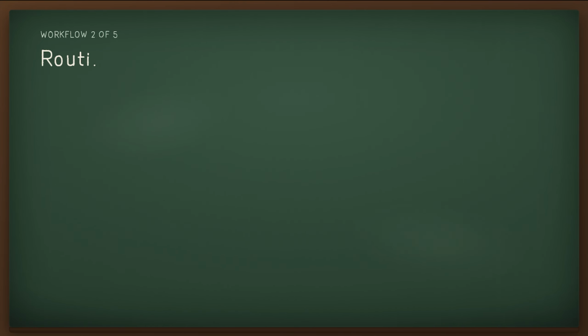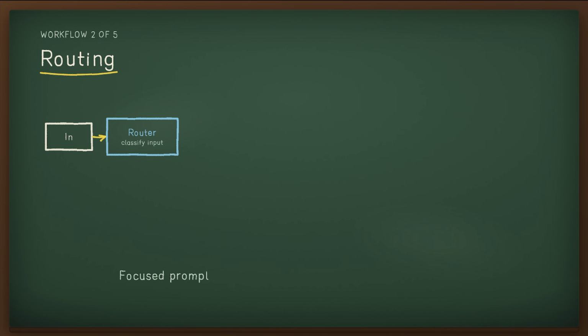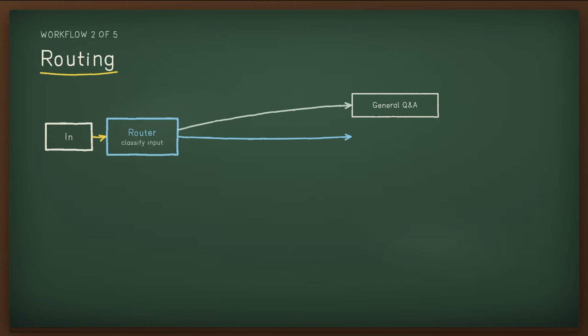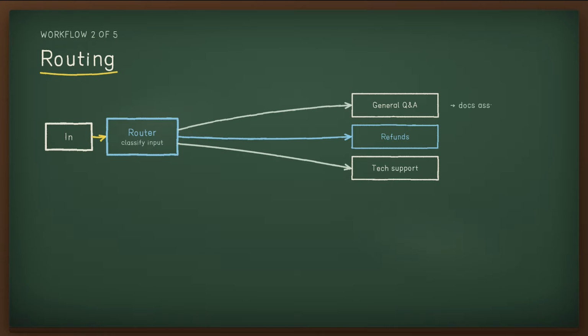Next, routing. Routing classifies an input, then sends it to a specialized follow-up task. This separates concerns and lets you build focused prompts, because optimizing for one kind of input often hurts the others. Use it for tasks with distinct categories that are better handled separately when classification can be done accurately, by a model or a traditional classifier.